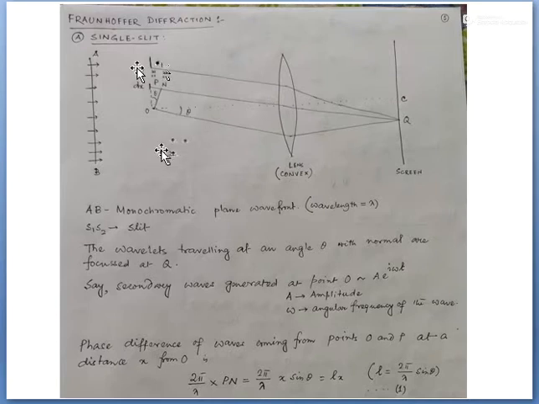Say this is a single slit. There is one opening on the slit, that is S1 S2, and some parallel monochromatic rays of plane wavefront, that is AB, are coming incident on this S1 S2 slit, and these rays are the parallel rays.